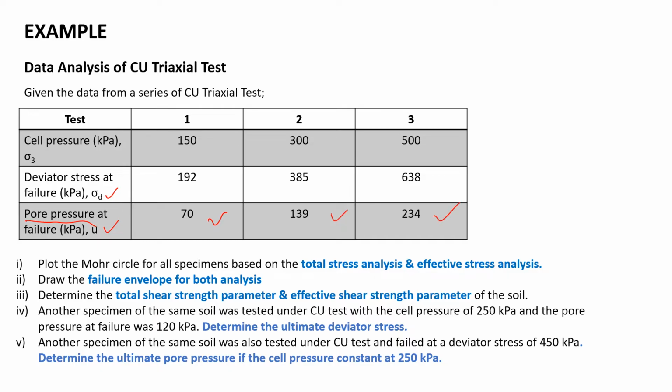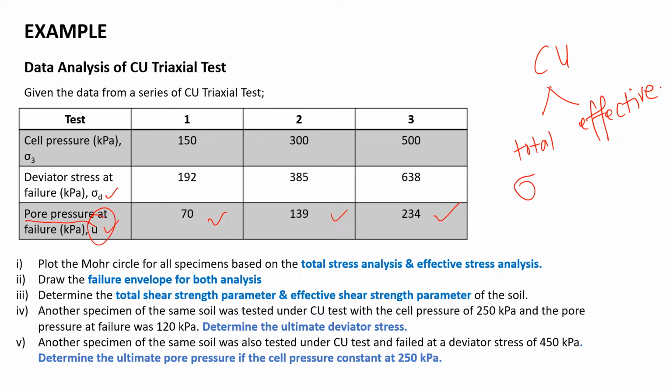So now look at the question. You need to plot the Mohr circle for all specimens based on the total stress analysis and effective stress analysis. For the consolidated undrained triaxial test, from the CU test you can have the data for the total and also for the effective stress analysis because you have the U value.